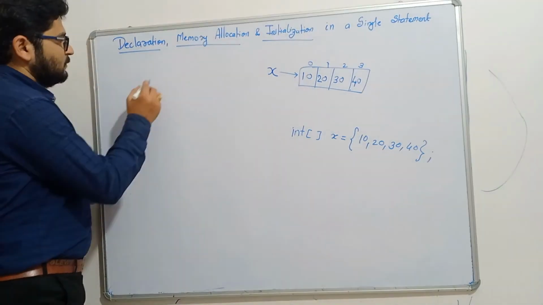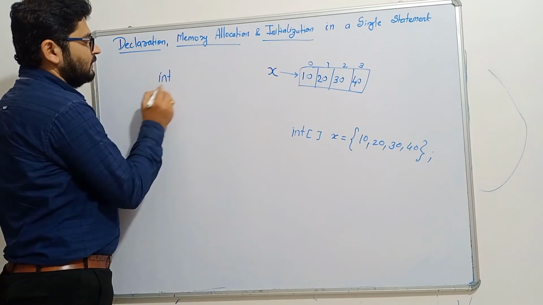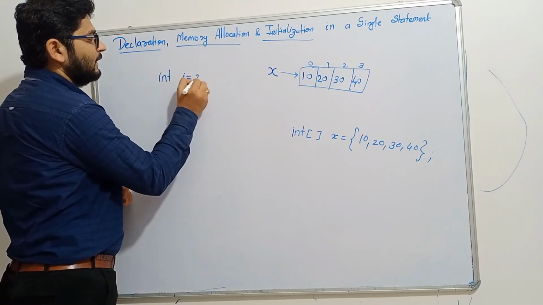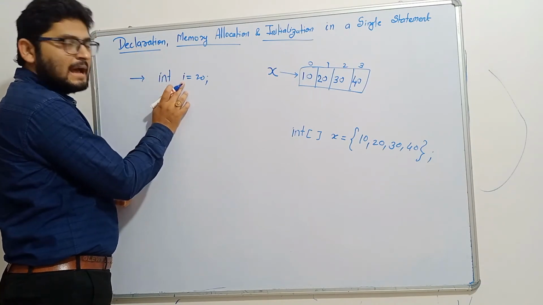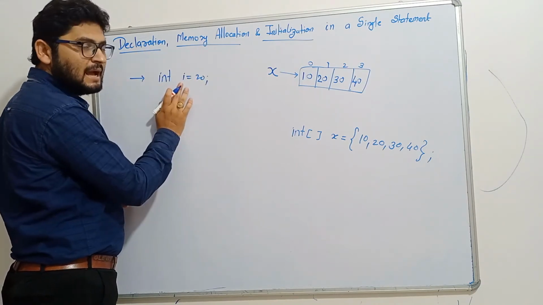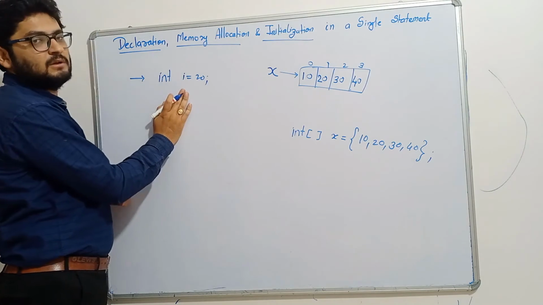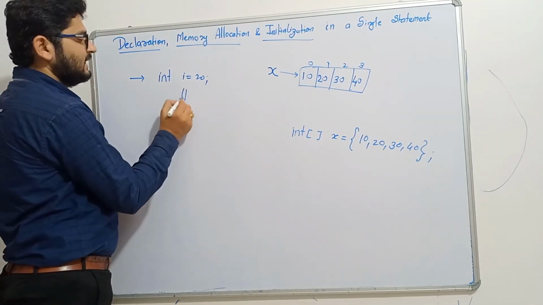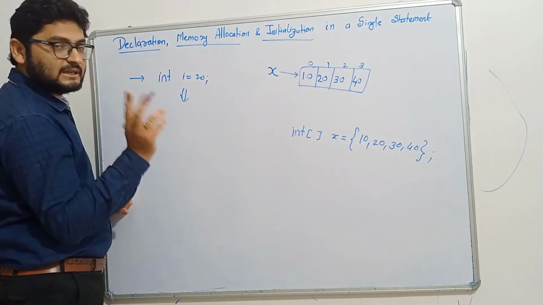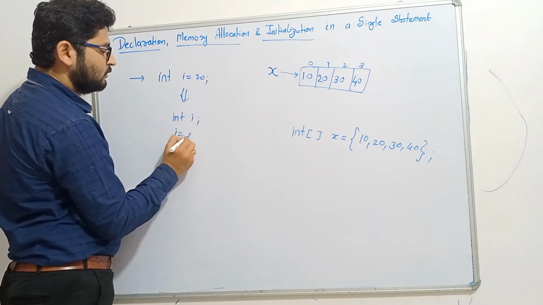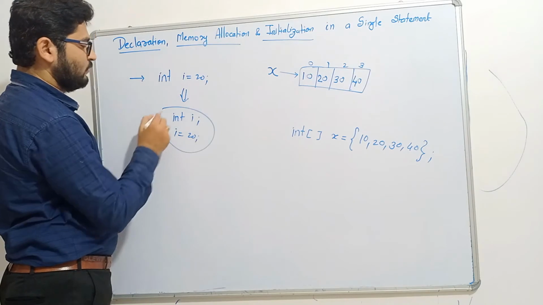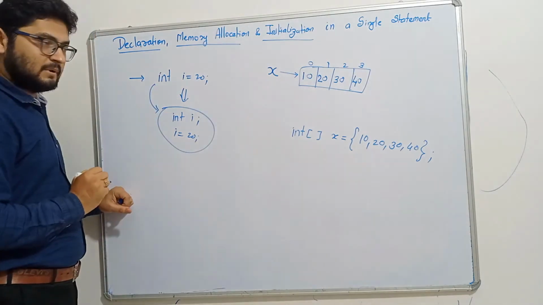Let us suppose I will take the example of int I is equal to 20. In this statement, we have declared variable I, we have allocated memory to the variable I, and we have initialized the value of I. And the same statement can be broken down into two statements, that is nothing but int I and I is equal to 20. So this is allowed when you are going for the integer variable.